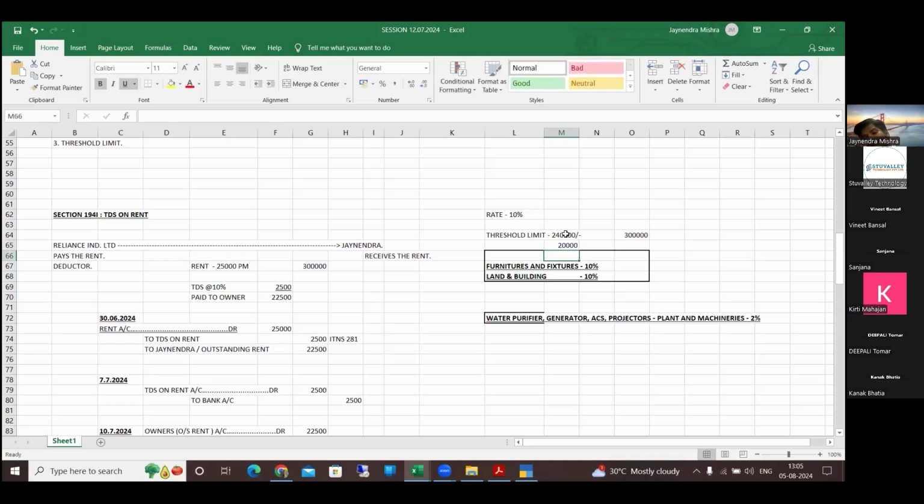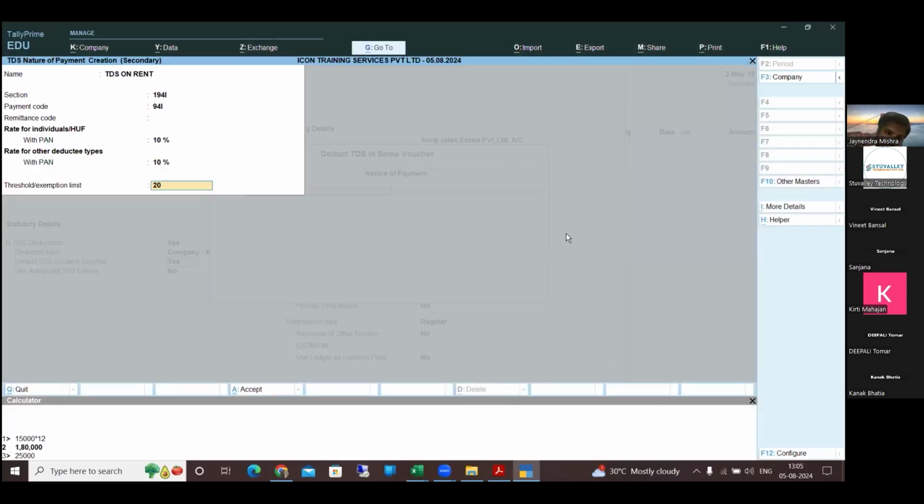That means, friends, on rent we have to deduct TDS if it is more than 20,000 rupees per month. So let's mention the same.